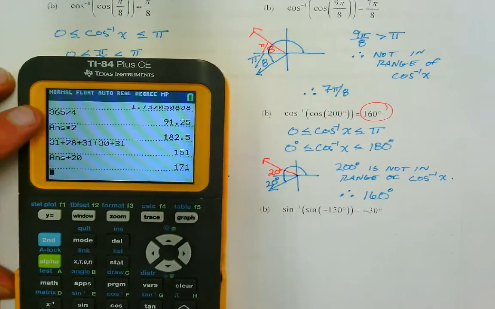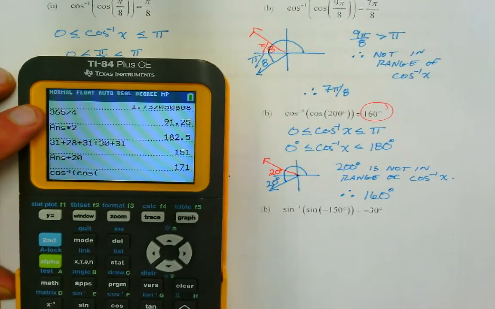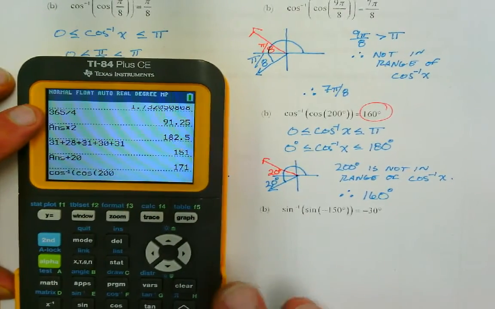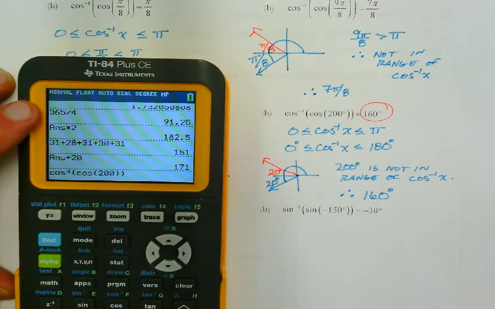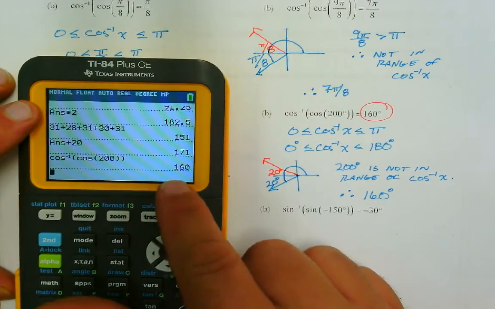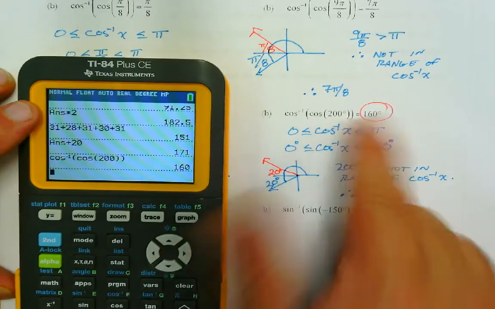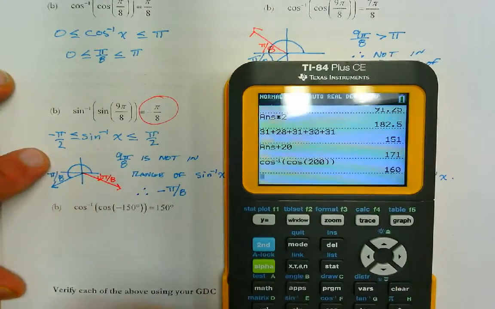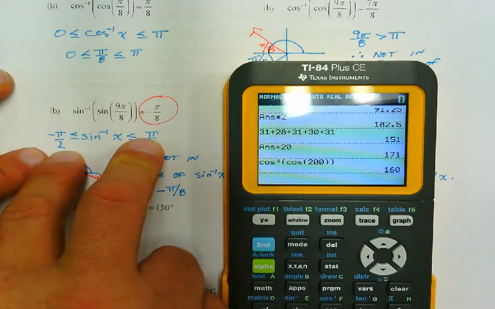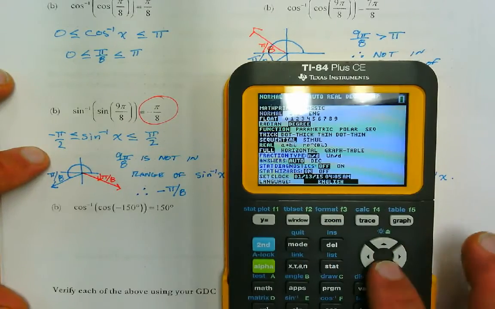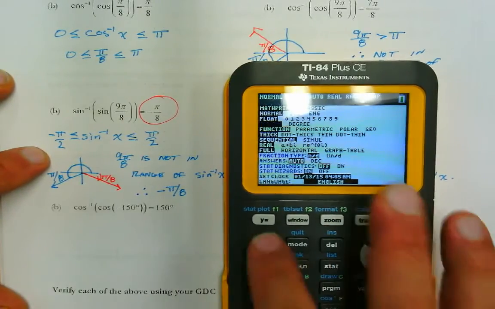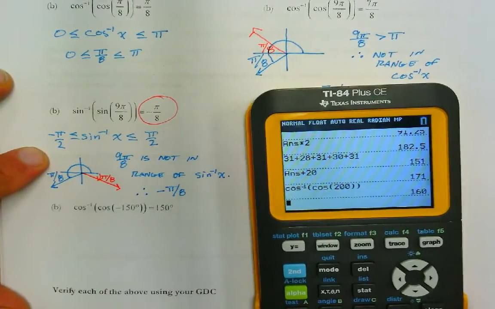What is the inverse cosine of the cosine of 200? The inverse cosine of the cosine of 200 is 160. We see that. We were in degrees there. What if I was over here in radians? Then I want to go mode into radians.